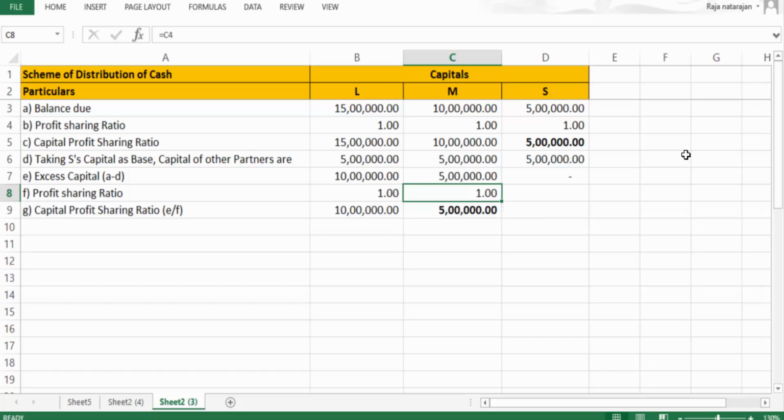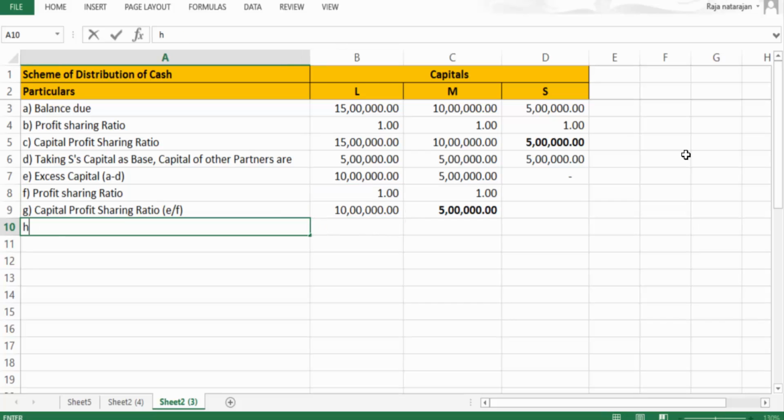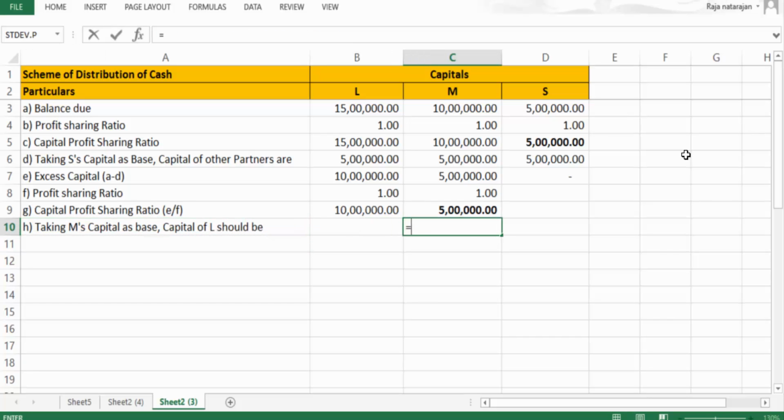So if 5 lakh is for 1, what should be this one? That should also be 5 lakh, right? So here we write, taking M's capital as base, the capital of L should be, right? What is M's capital? It's 5 lakh. So how are we going to do it?